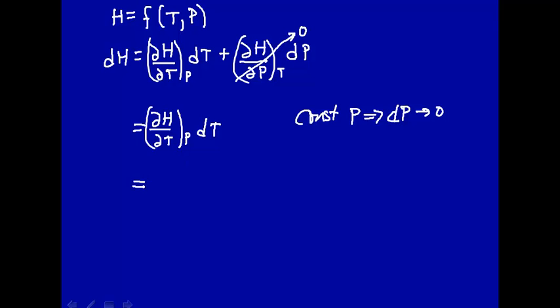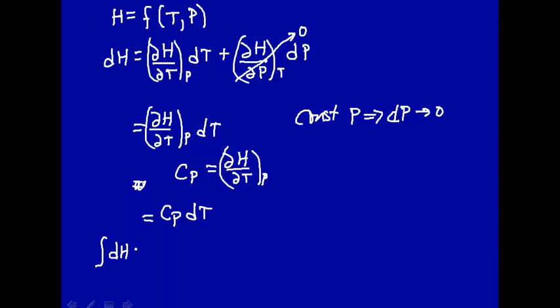And analogous to what we did for internal energy, we're going to define heat capacity at constant pressure to be equal to how the enthalpy changes with temperature at constant pressure. So this then is equal to just heat capacity at constant pressure times dT. And if we integrate this, just like we did before, the integral of dH, integrate both sides, integral of Cp dT at constant Cp.